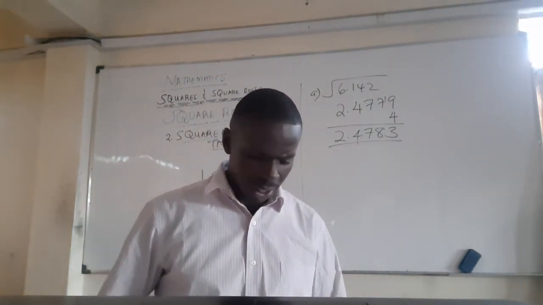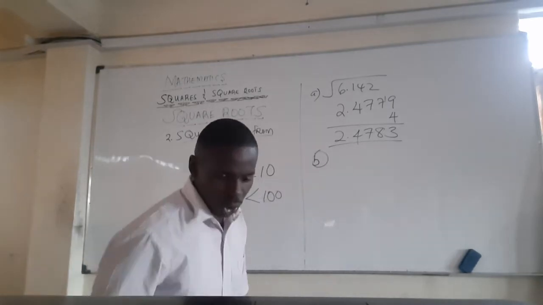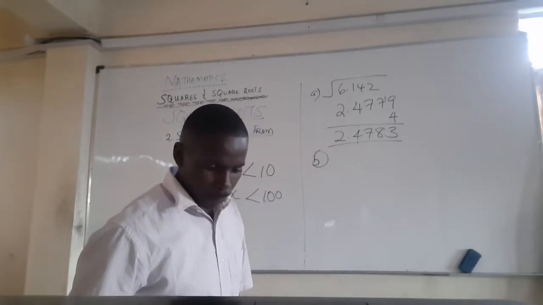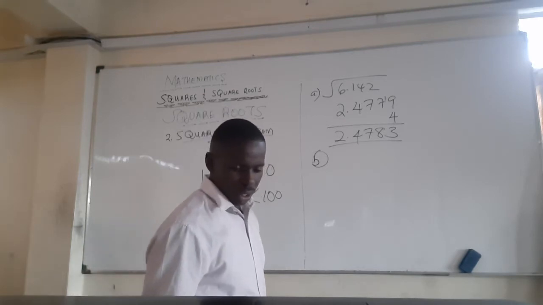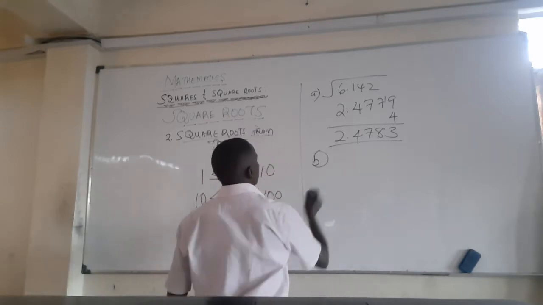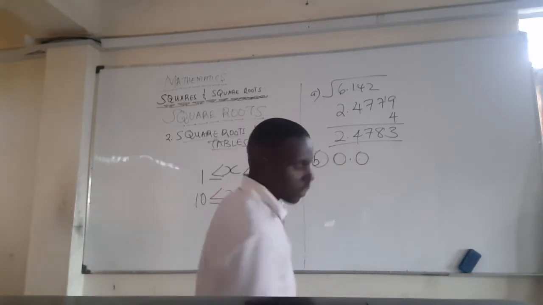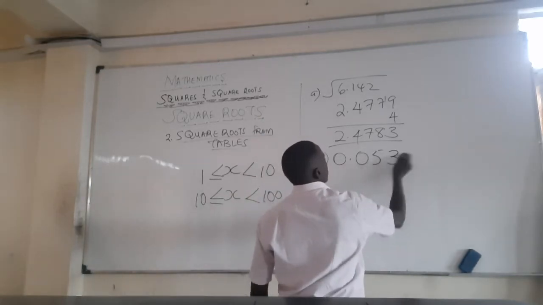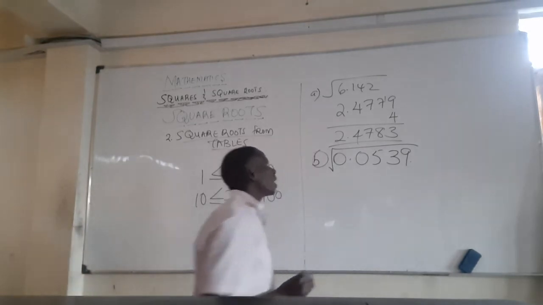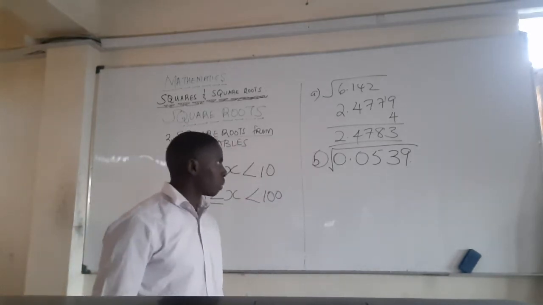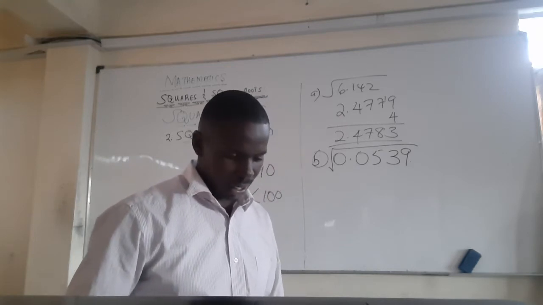Let's have another example. Example B, the square root of 0.0539. So we need to get the square root of that number, 0.0539.